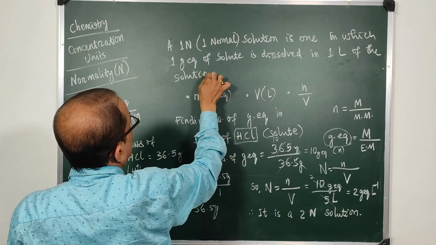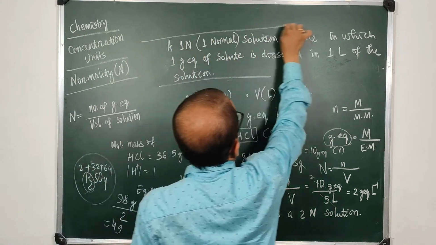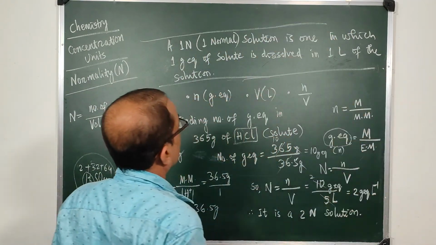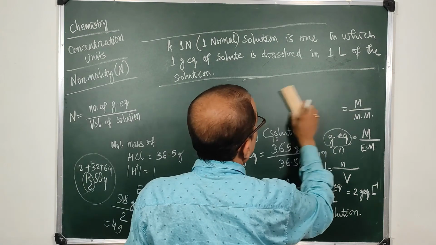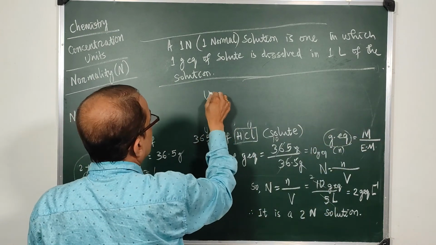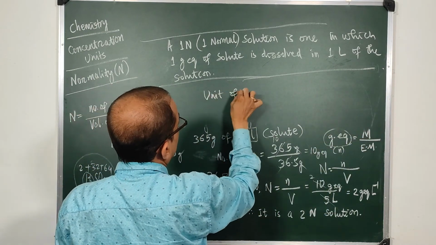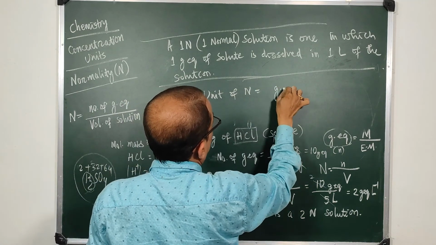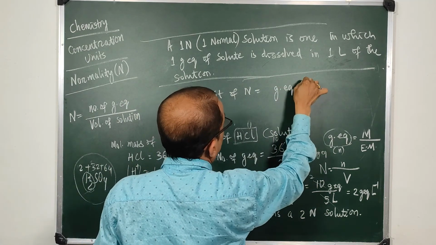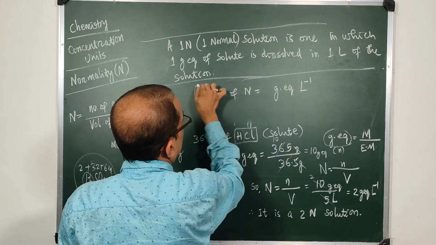This is about normality, the definition of a one normal solution, and we have also found that the unit of normality is gram equivalent per liter, L inverse.